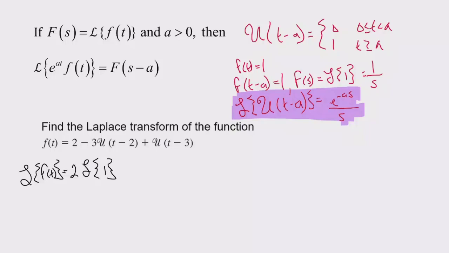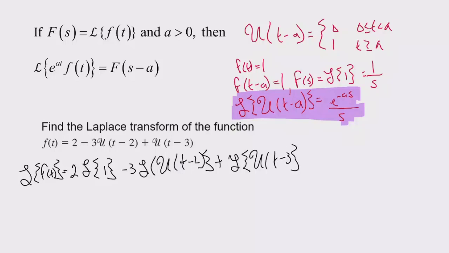Okay, then that 3 factors out, and it's the Laplace of the unit step of t minus 2, and then we can kick in that other definition that we just learned about, plus, there's nothing to factor on that last one, so it's just the Laplace of u of t minus 3.